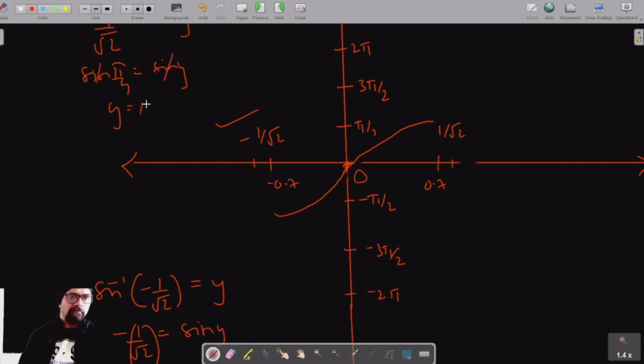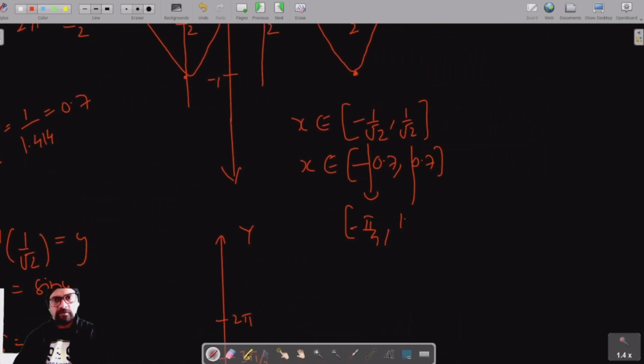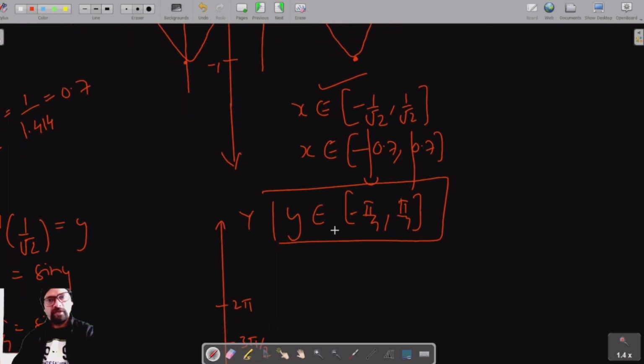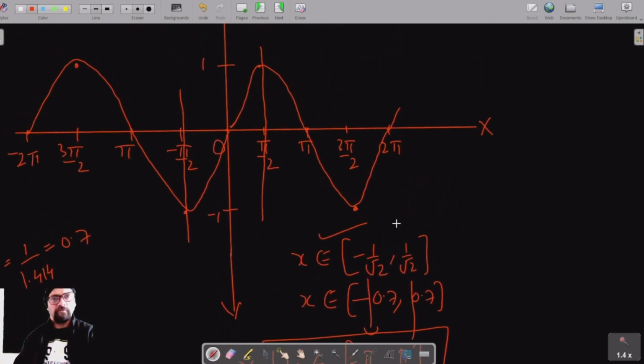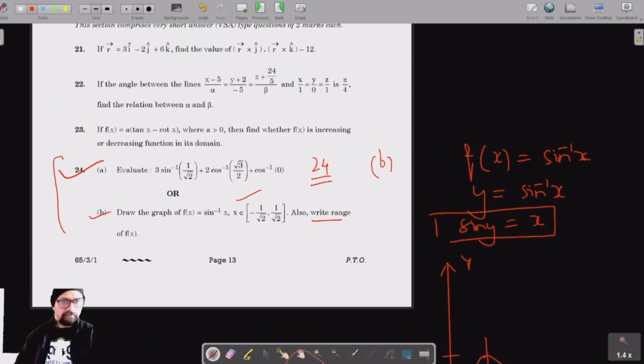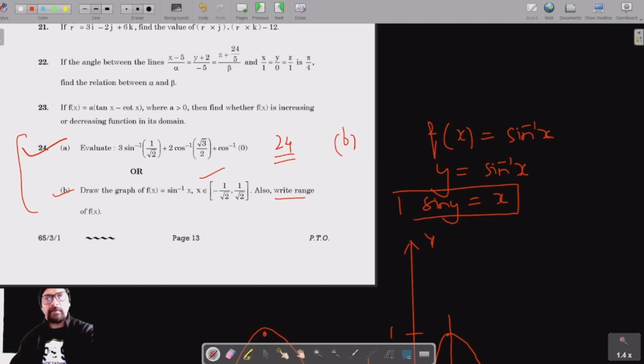Sine gets cancelled and y is equal to pi by 4. So the range for 1 by root 2 is pi by 4. So the range for this function, when x belongs to -1 by root 2 to 1 by root 2, is minus pi by 4 to pi by 4. So we are done with question number 24, and let's move on to question number 25.